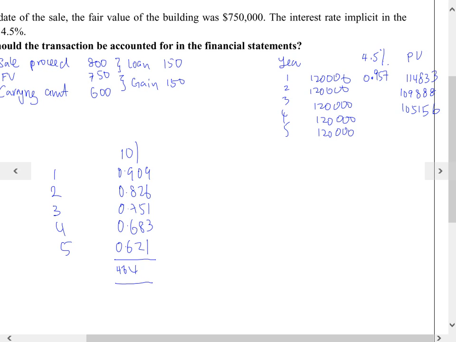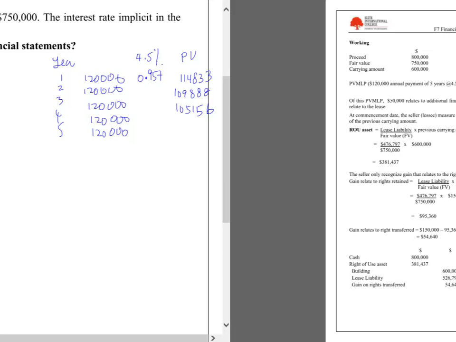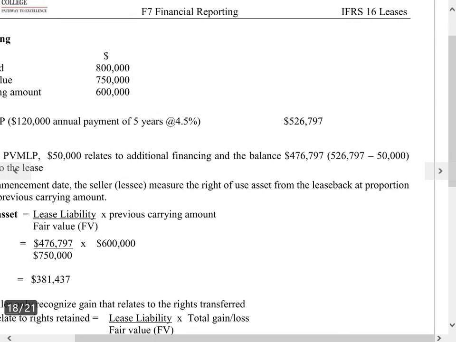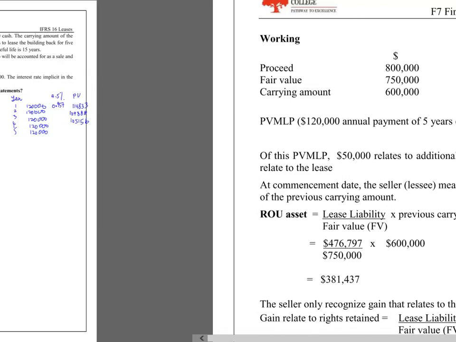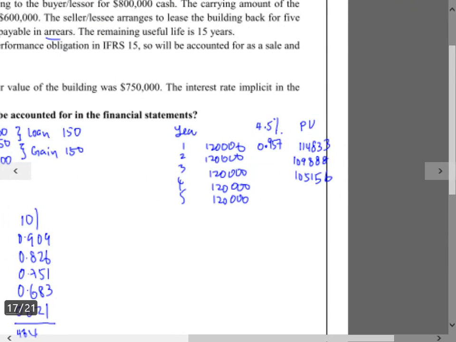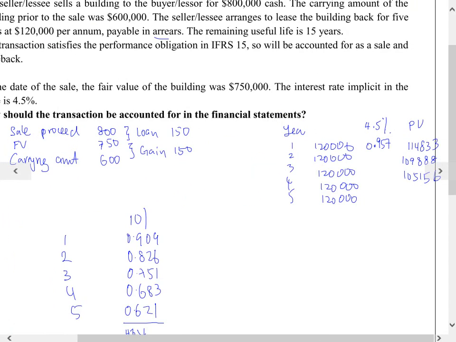Okay, here they did not give it, so I calculate individually just to prove this, because it's given. We can just take this, but I just want to prove that it's 5.2. Therefore, we divide by 1 year, 2 years. On your calculator, you just take 120, divide by 1.045, divide again by 1.045, divide again by 1.045.